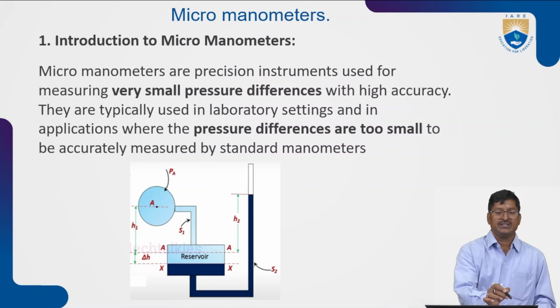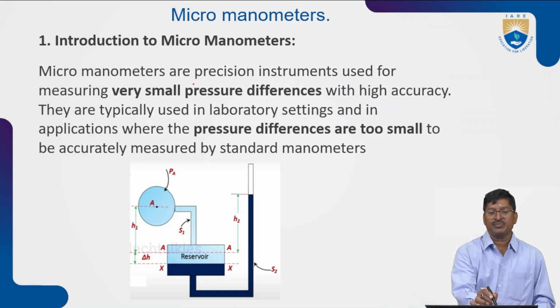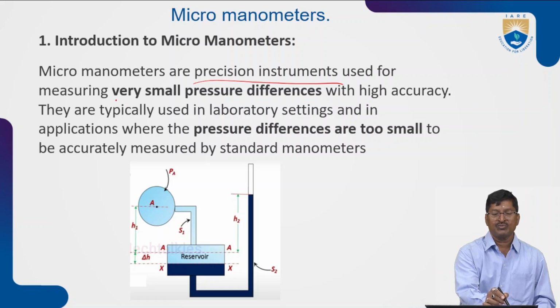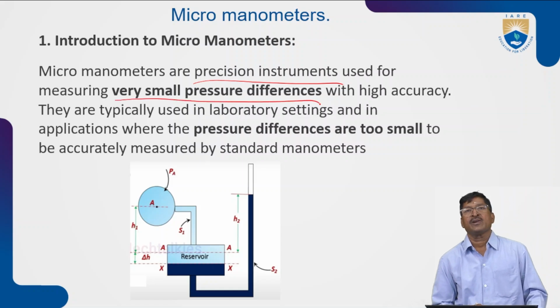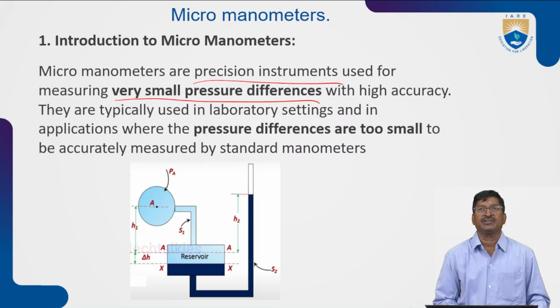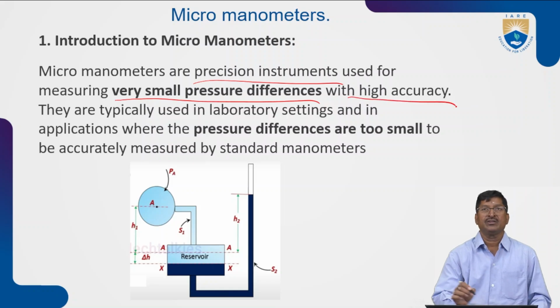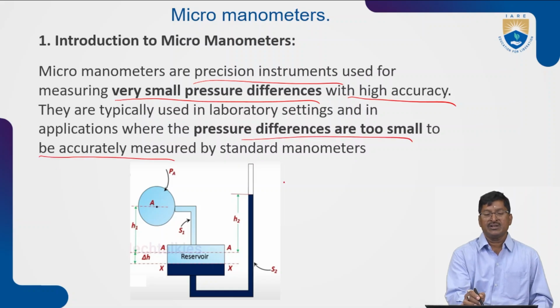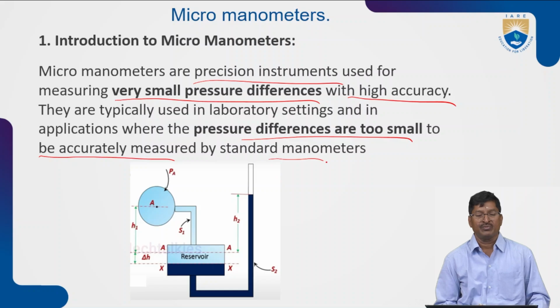These are precision instruments, very precise instruments, with which we can measure very small pressure differences with high accuracy. That is the purpose of micro manometers. If the pressure differences are too small and we want accurate measurement, we can use these manometers.